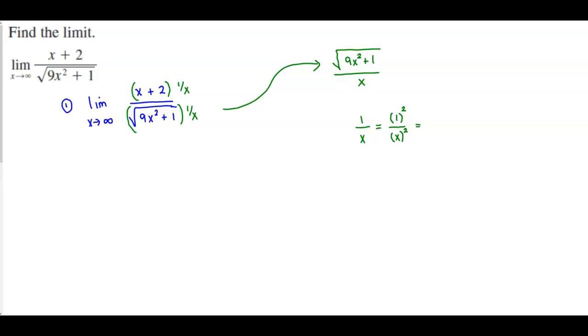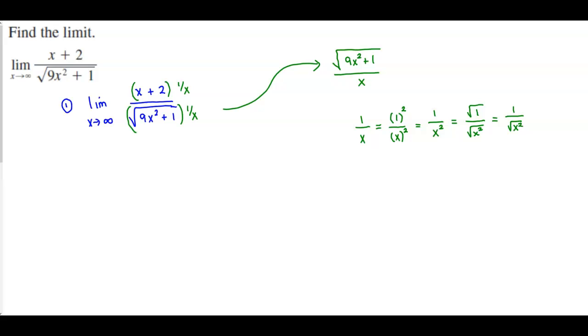Well, we can't, because that becomes 1 over x squared. Can we also take the square root of the numerator and the denominator? Well, if we take the square root of 1 over the square root of x squared, and simplify the square root of 1, we end up getting 1 over the square root of x squared.